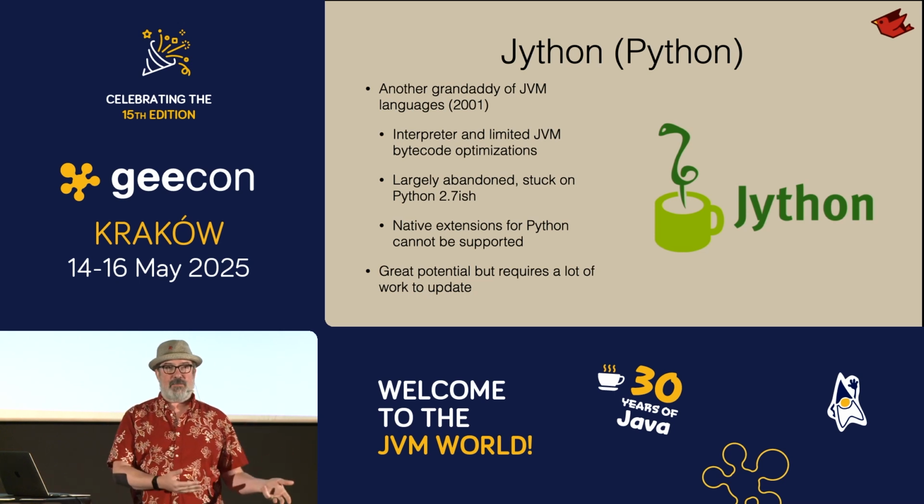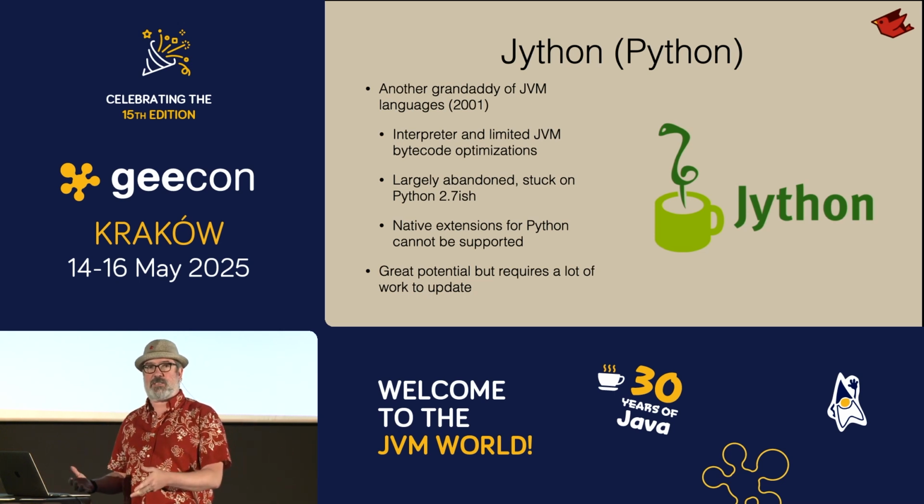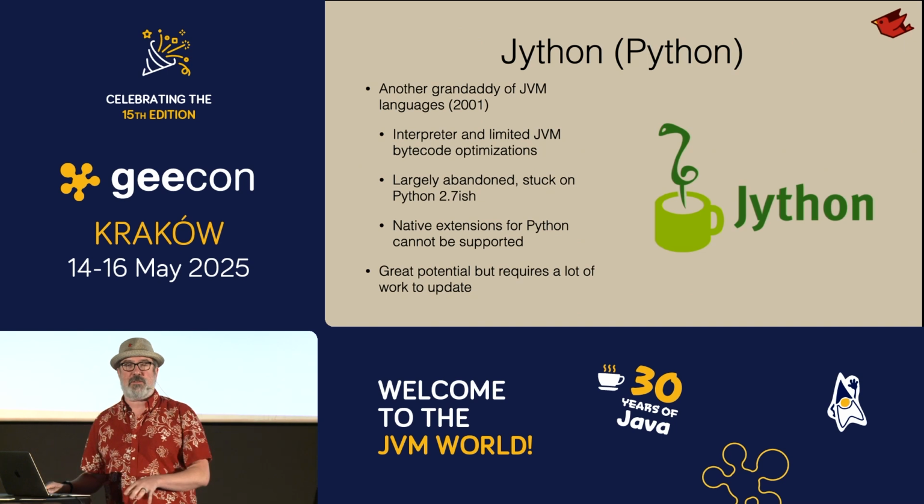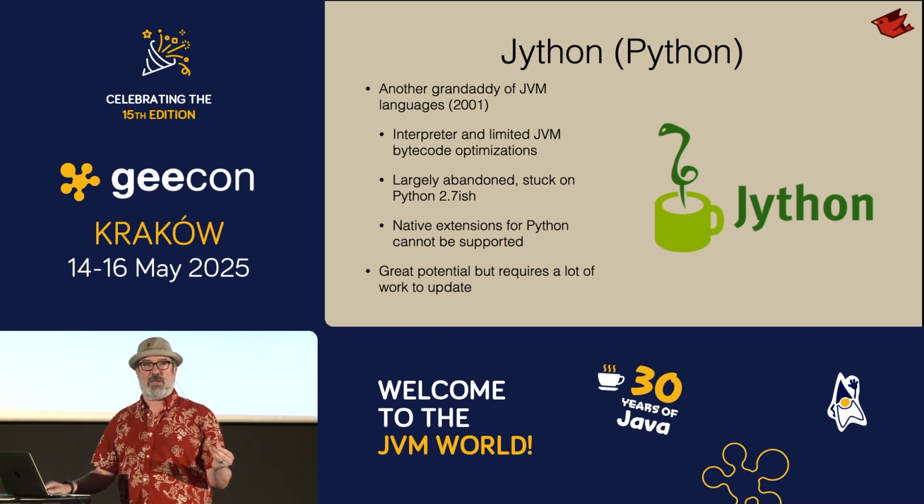A lot more native extensions, a lot of entanglements at the native level with the way the runtime works. There's great potential here, but there's a lot of work to update for newer versions of Python and modern JVMs. Still, I think it would be important for us to be able to bring the Python users over to the JVM so they can at least use their knowledge of Python to build JVM applications.